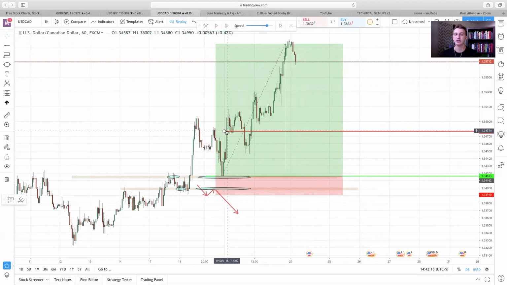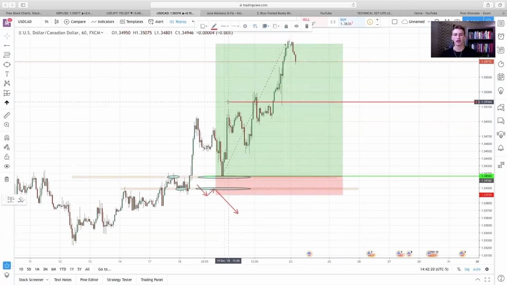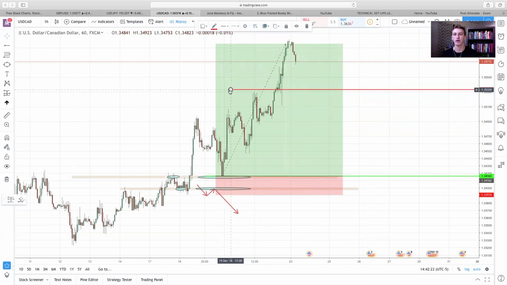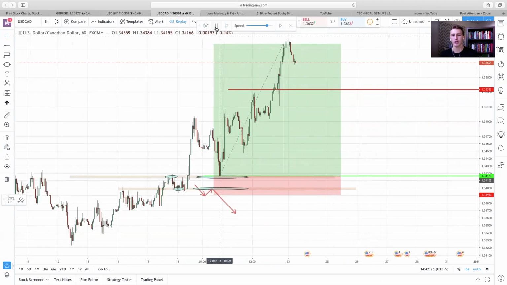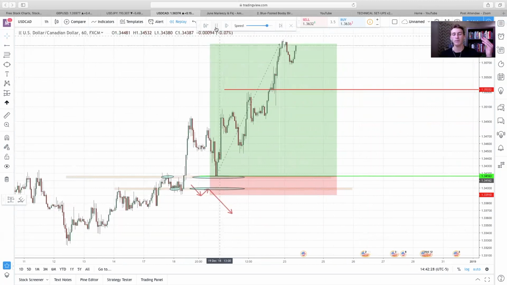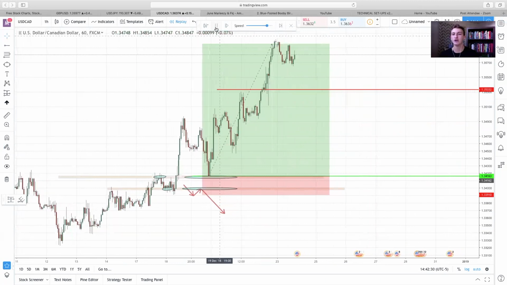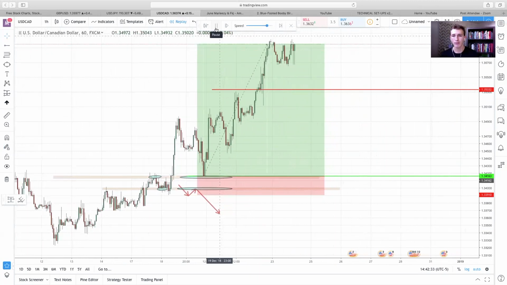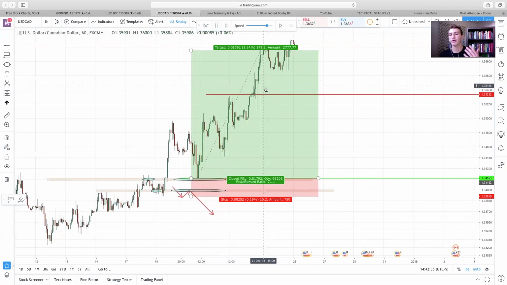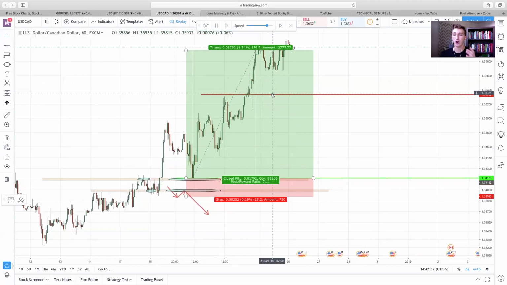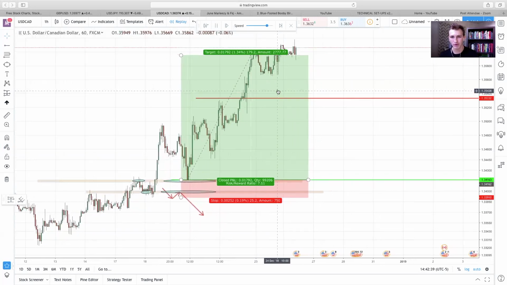And then just continue to follow and trail your stop loss. We'll move it right about up here, collect another 100 pips in profit, and let the market do its thing. It may continue up, it may fall down to the downside and hit our stop loss level, but that's okay because we would have solidified our 130 pips in profit.